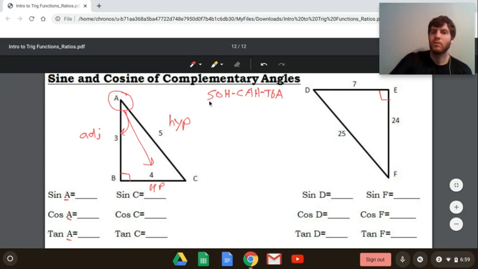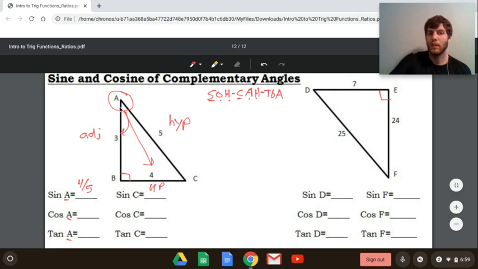Okay, so sine is going to be opposite over hypotenuse. So sine of A is going to be opposite side is 4, and the hypotenuse is going to be 5, opposite over hypotenuse. So 4 over 5. Cosine of A, cosine here is going to be adjacent over hypotenuse.